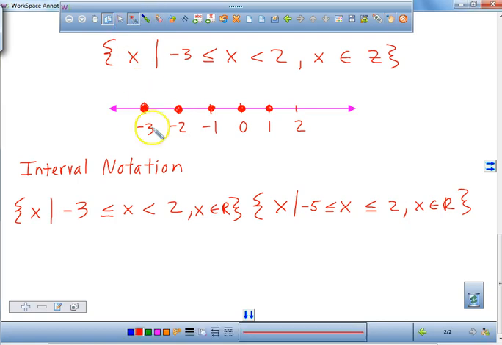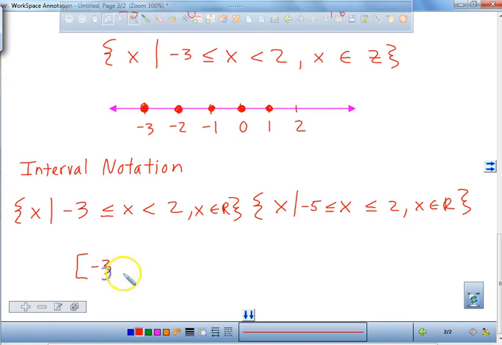So the cool thing about interval notation is that if it includes the number, you make what's called a hard bracket. So this right here means I'm including the -3, but I'm not including the number 2. Since I'm not including the number 2, it's just less than 2, I use what's called a soft bracket.